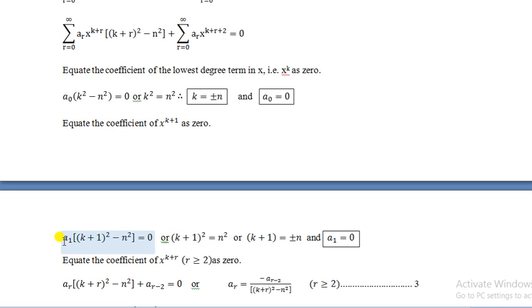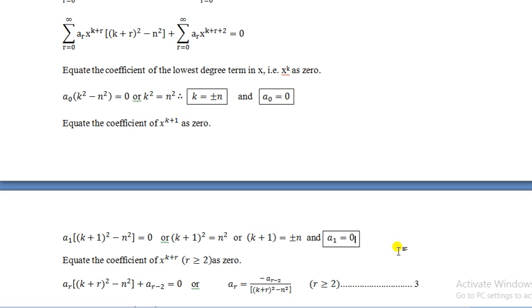This implies that a1 equals 0 and k plus 1 whole square minus n square equals 0, or k plus 1 square is equal to n square. If you remove the power, it becomes k plus 1 equal to plus or minus n, and a1 becomes 0. So when r is equal to 1, we get a1 and the k plus 1 value.